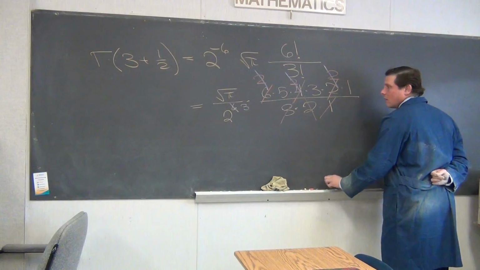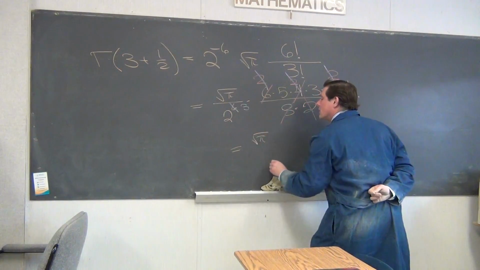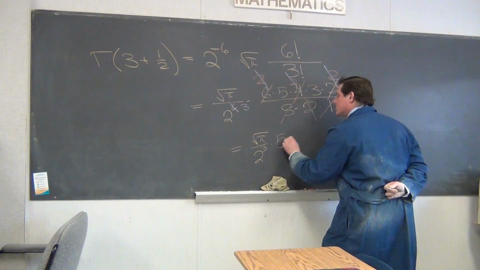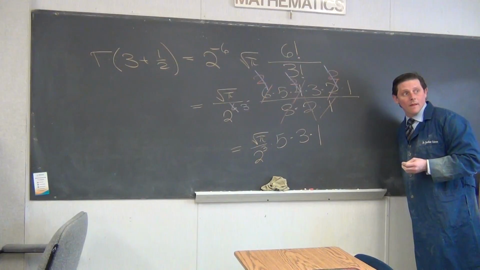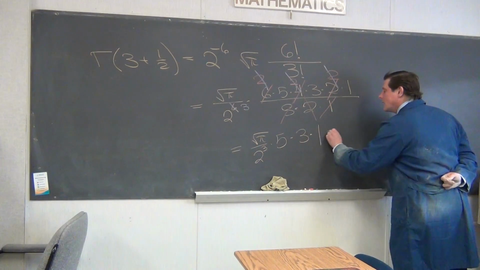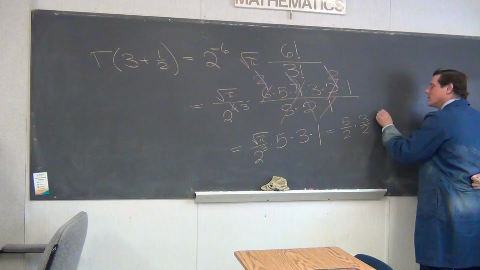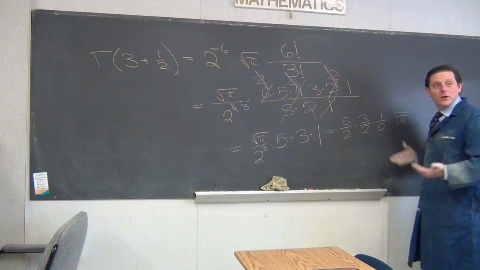Square root of 5 halves, 3 halves, 1 half. That's right, square root of pi. I'm going to leave it as over 2 to the 3rd for the moment, Amit, but I agree with your sentiment. But look, guys, this is 5 halves, 3 halves, 1 half, root pi. You see that?